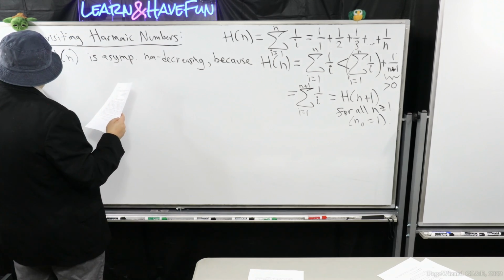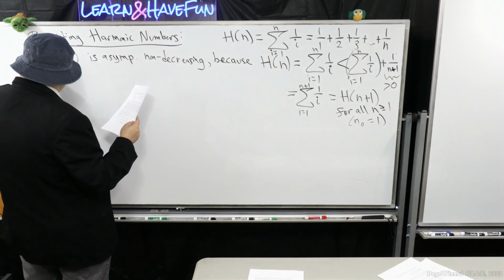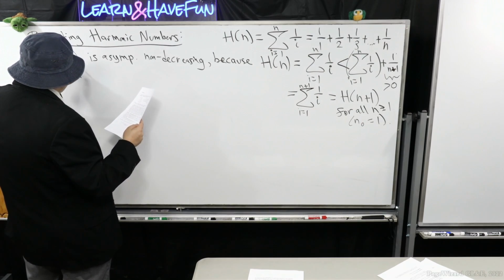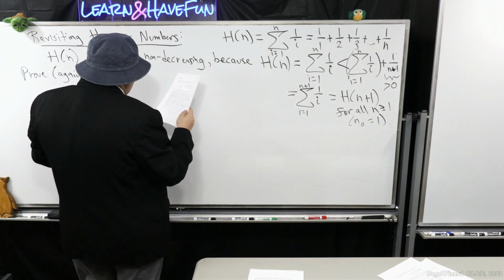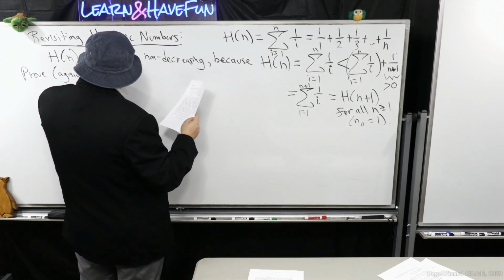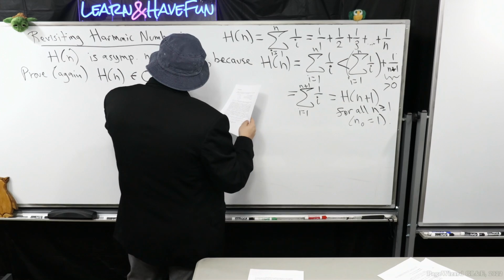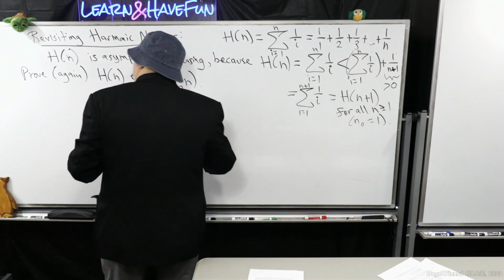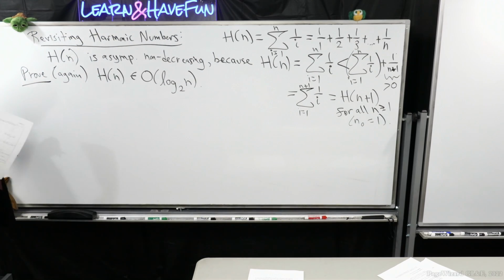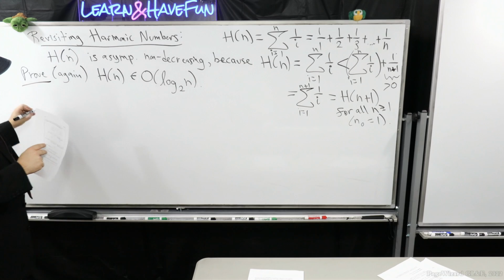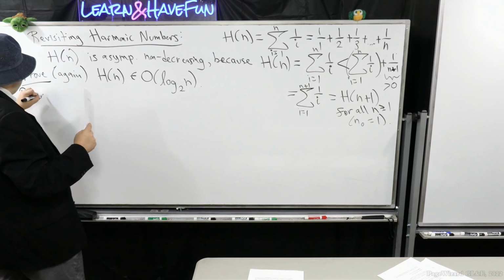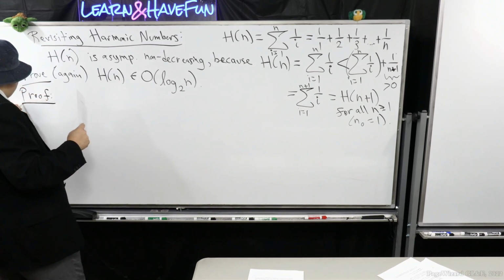We're going to try proving this again, but in a more refined way. We're going to prove that H is big O of log base 2 of n. But this time, you're going to see I'm not going to need any bookkeeping. It's going to be rather nice and slick. I'm just going to purely apply the trick that I used last time.